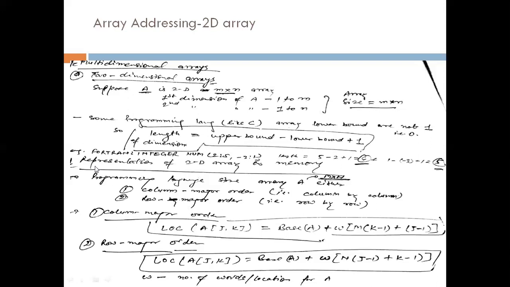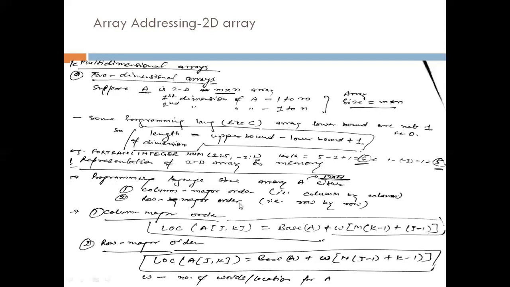Now, the elements of a two-dimensional array can be stored in two fashions. The first is column major order, and the second is row major order. Column major order means the first column of the array will be stored first, then the second column, then the third column, and so on.